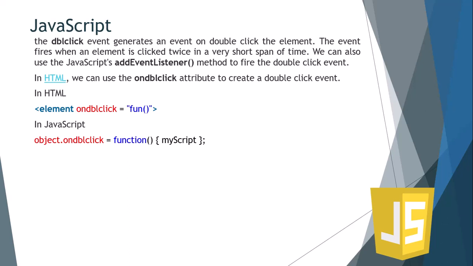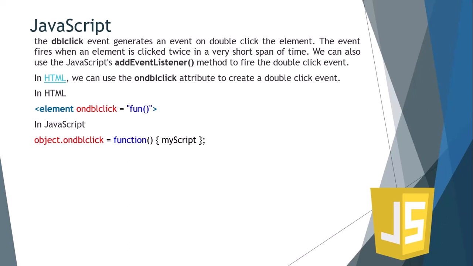In HTML, we can use the ondblclick attribute to create a double click event. You write the element, then you use the ondblclick attribute. While in JavaScript, you just put object.ondblclick equals to function and the script.